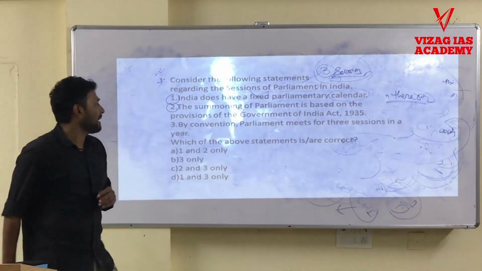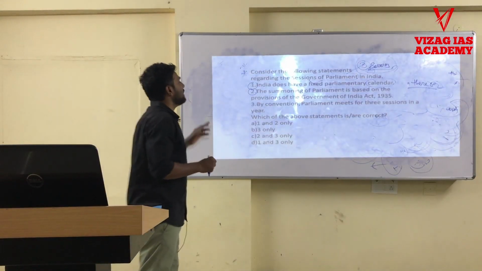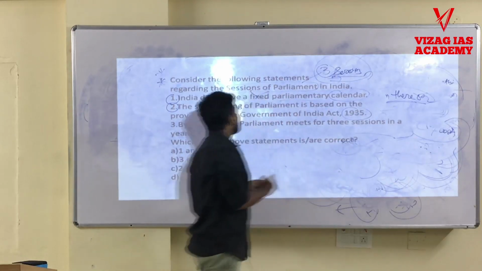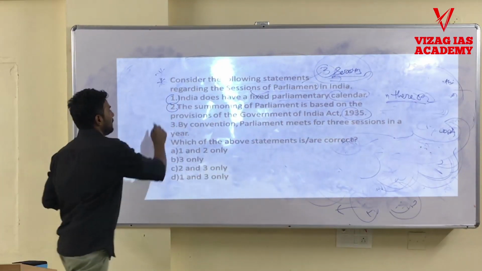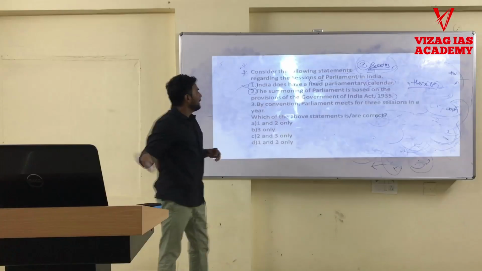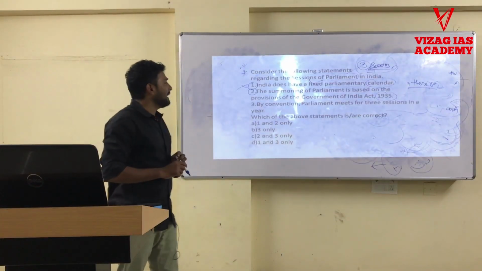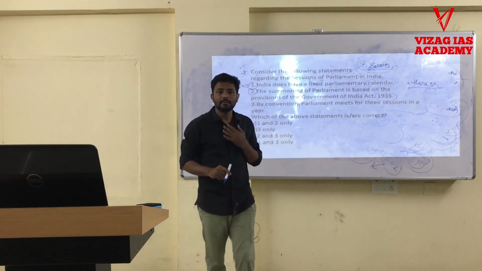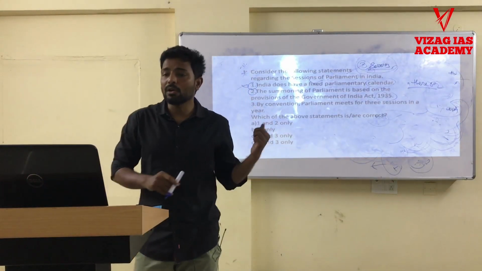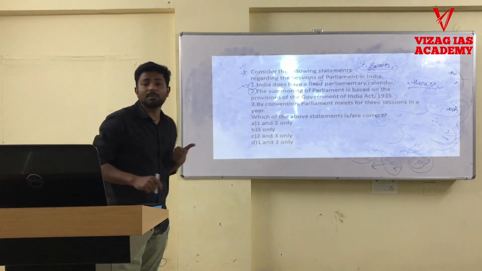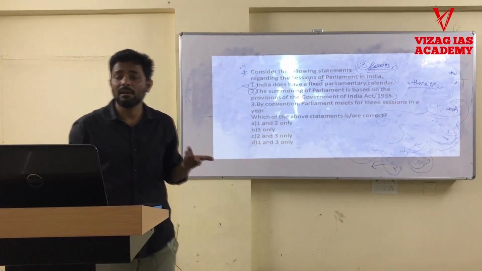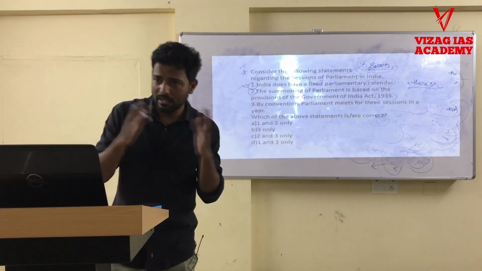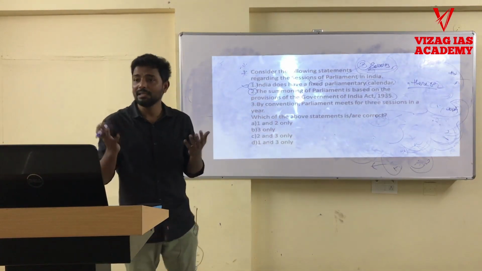The summoning of Parliament is based on the provisions of the Government of India Act 1935. Is it correct or not? We have borrowed the parliamentary setup, the ground level governance, from the 1935 Act.